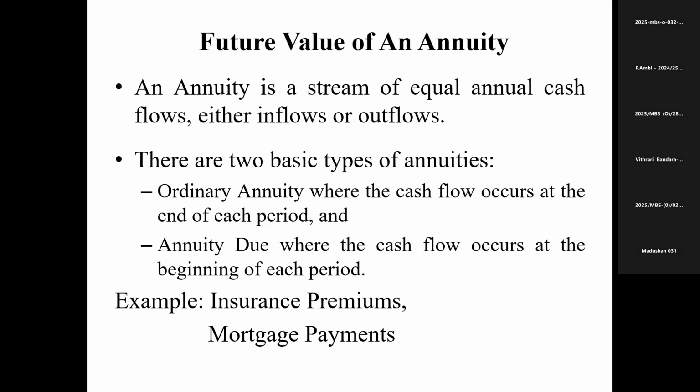As I explained, these annuity values are connected with periodic cash flows, equal amounts of cash flows over time, right? So this future value of annuity is for a known period. The annuity is a very important concept in all financial corporations and company decision making.